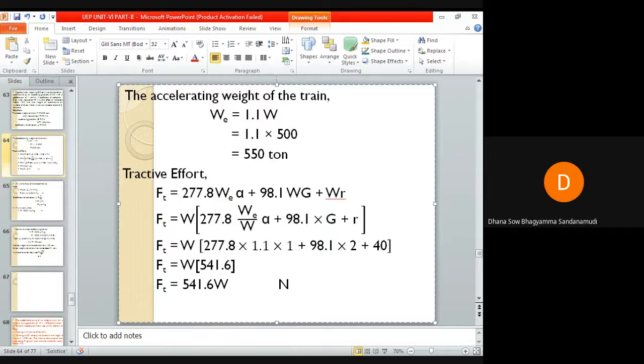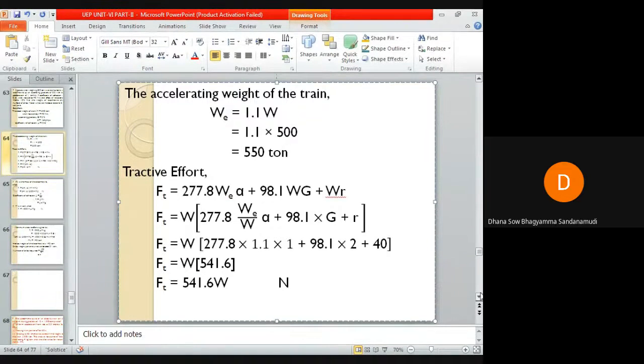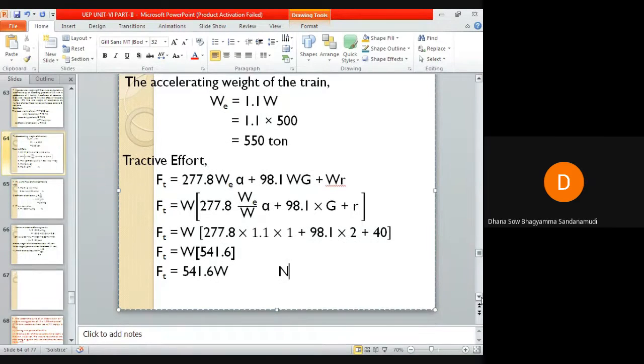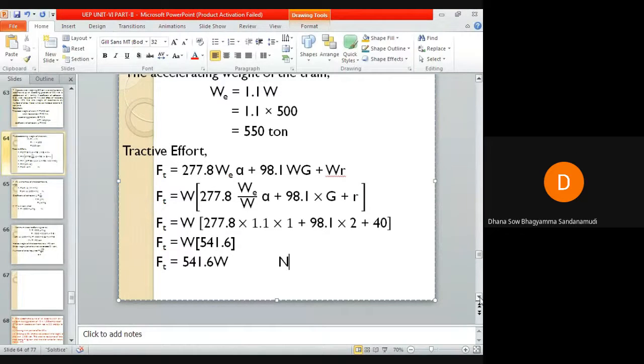Okay, completed. Very good. Now, you have determined the tractive effort in terms of the dead weight of the train, isn't it? I didn't substitute the value of W. Inside the train, there is a locomotive which is hauling this train.